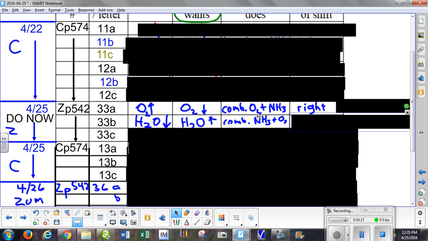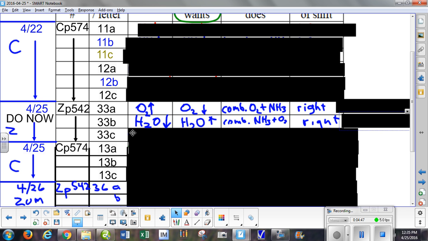And so if we combine these, which way will we shift? Correct. Okay, so it's going to be the same shift for different reasons. For totally different reasons. All right, going down to the last one. The system is compressed and ammonia liquefies.